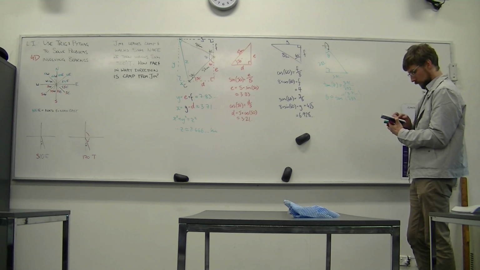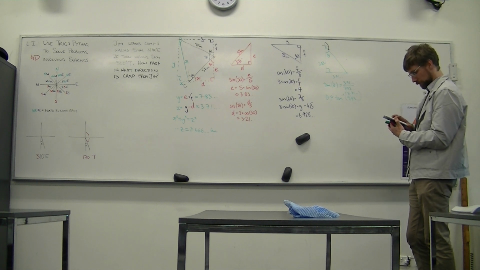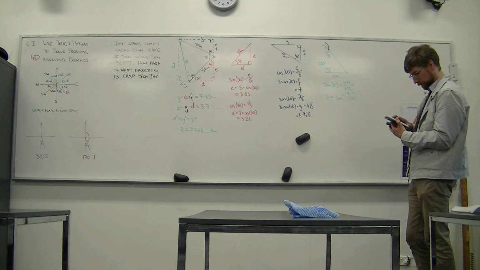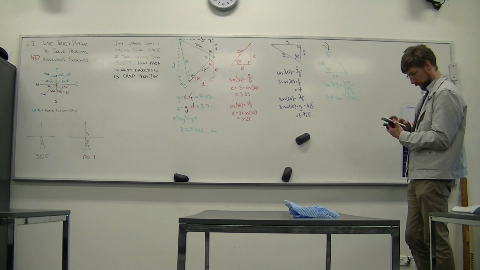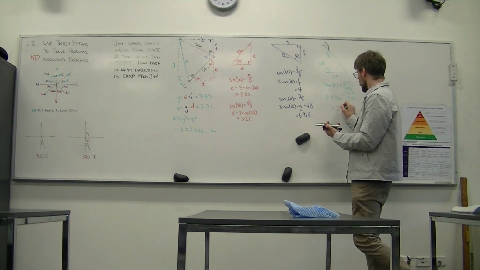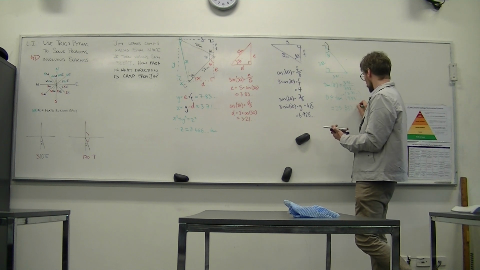Tan inverse, open bracket, first thing was the 3.7 number. Divide by the 7.8 number. Close the bracket. Roughly equals 25.37 something degrees.